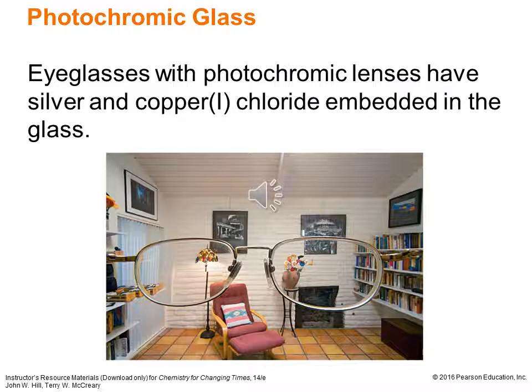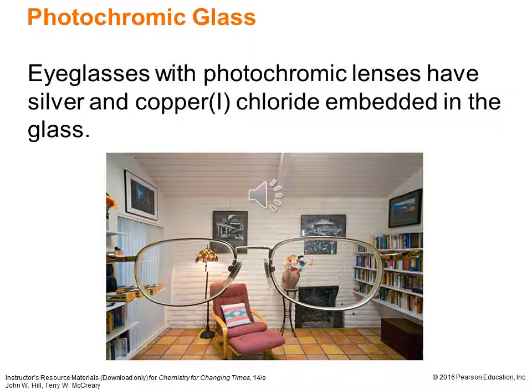When you go outside, then the silver ions get reduced to silver metal, little nanoparticles of silver metal, and the copper(I) chloride gets oxidized to copper(II) chloride because we can't have a reduction without an oxidation.